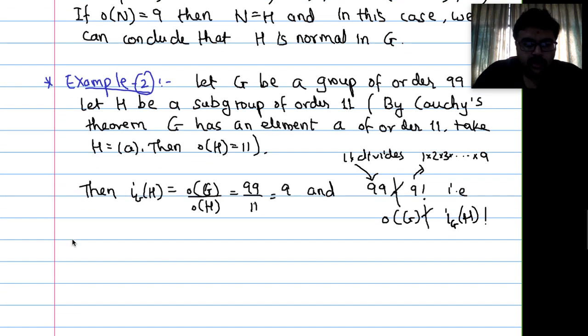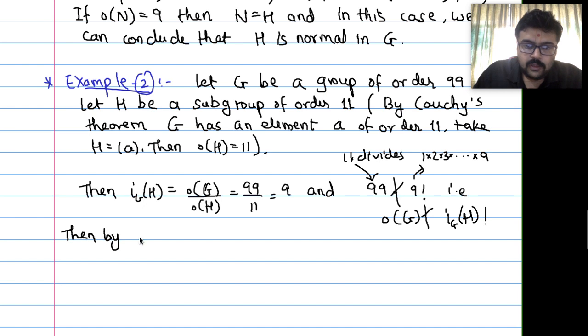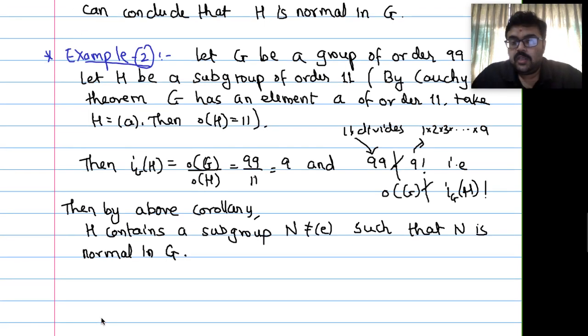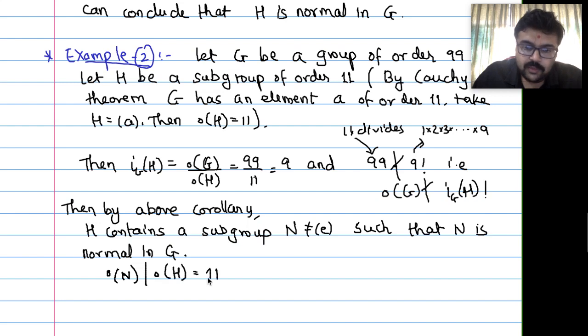So by the above corollary, we can say H contains a subgroup N which is non-trivial such that N is normal in G. So H contains a subgroup which is normal in G. But N is a subgroup of H, so the order of N divides the order of H, which is 11.